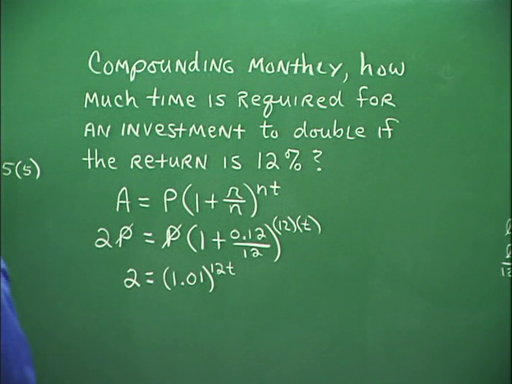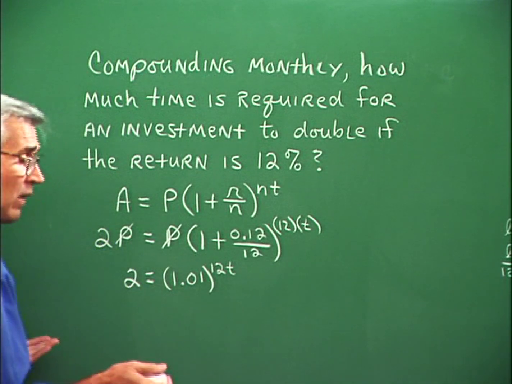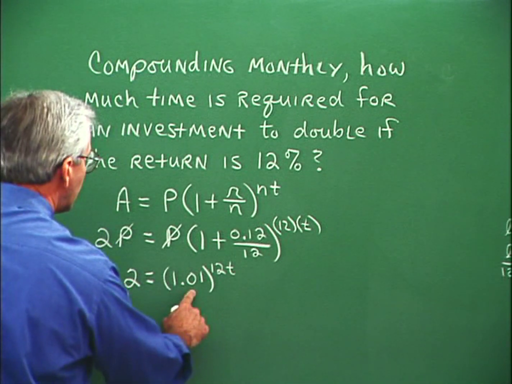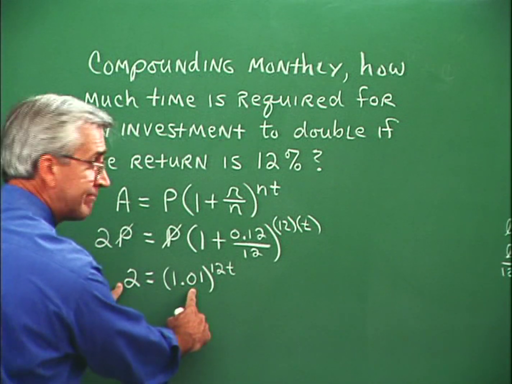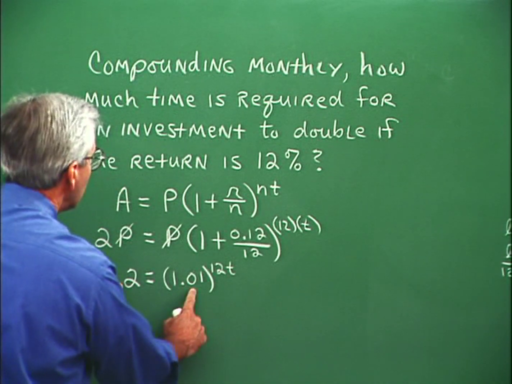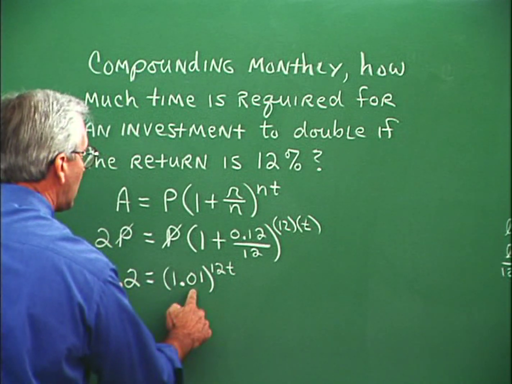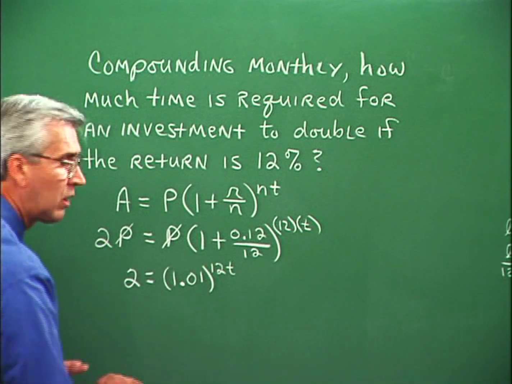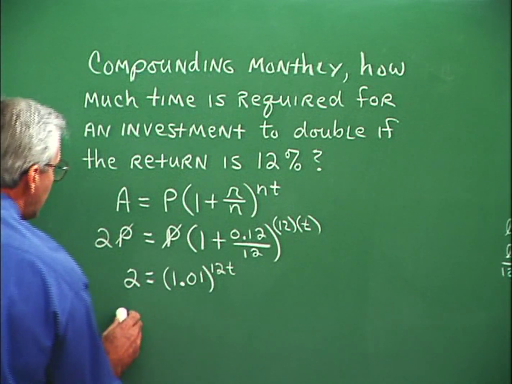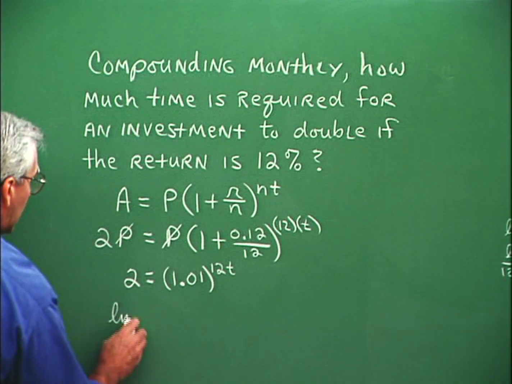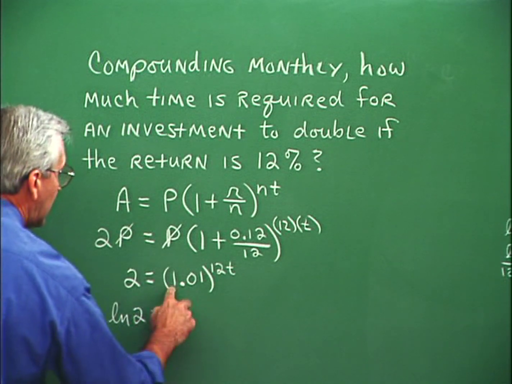Now this is an exponential equation, and we need to either make the bases look alike. Not possible here, not easily possible anyway. Since we can't make the bases look alike in order to get into the exponential world, we'll use logarithms. And I'll use natural log here, so ln 2 equals ln of this side.